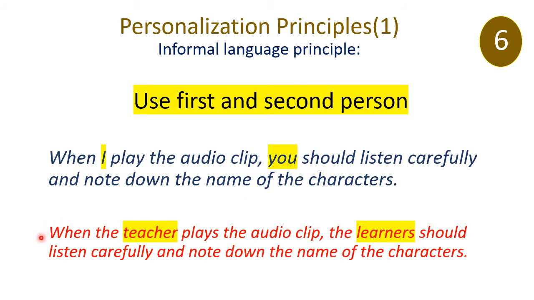Whereas, in the second sentence, when the teacher plays the audio clip, the learner should listen carefully and note down the name of the characters. Here, the teacher and learners are third person. This will not make or help the students to establish any connection. While the first and second person narrative help the learners to establish connection and have a personalized learning.